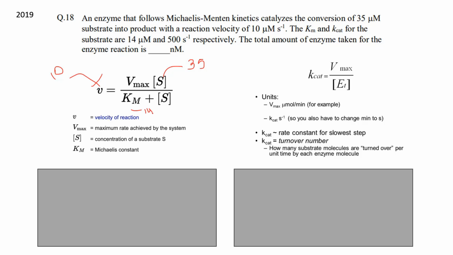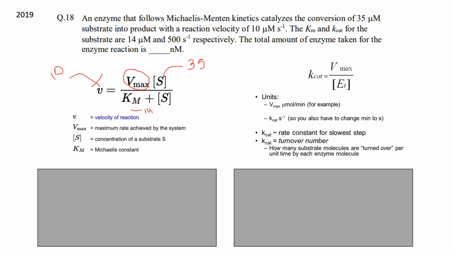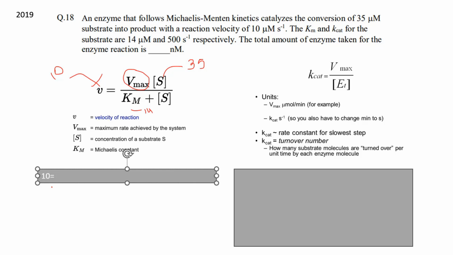So what is not given here is Vmax. But since everything else is given, we can calculate Vmax. So let's do that first. V is 10, equal to Vmax into S, which is 35, divided by 35 plus 14.